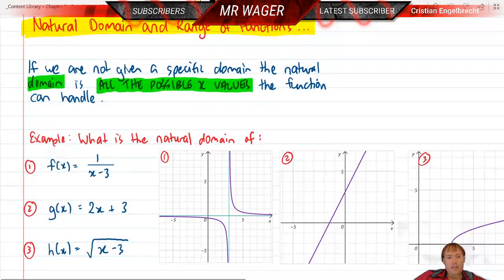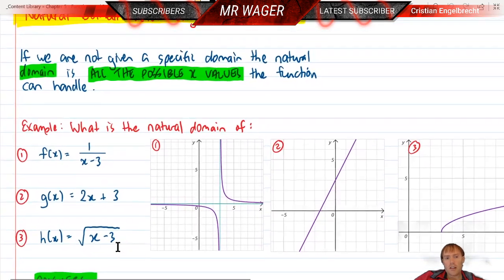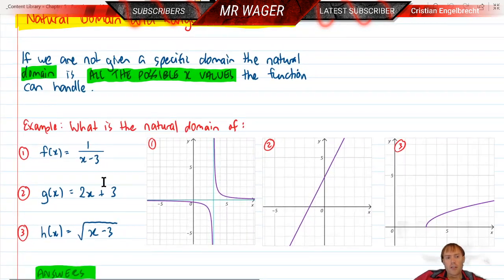So here are 3 graphs, 3 equations that we're going to look at. The first one is this one. f of x equals 1 over x minus 3. It's this graph over here. So the question says, what is the natural domain of this? We're going to think to ourselves, what are all the possible x values that this function can handle?